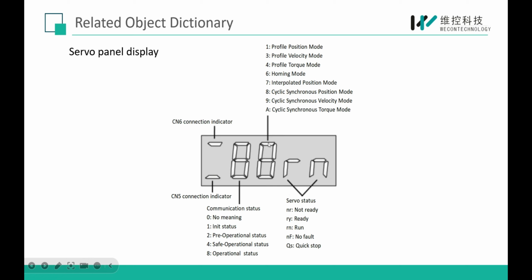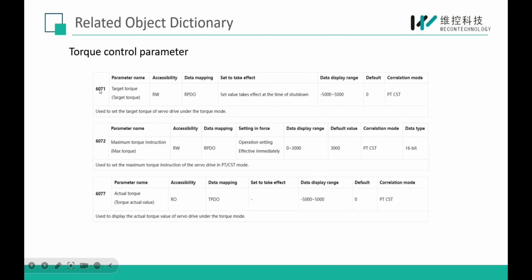The second number means our control mode. For CST control mode it will display A. And the last two are our servo status. So if we want to run in CST mode, here should display 8A and RN.